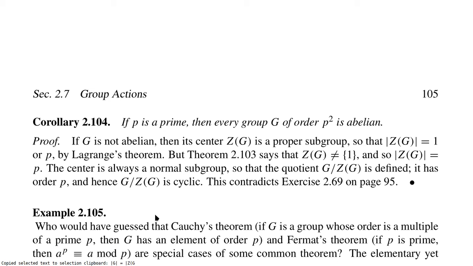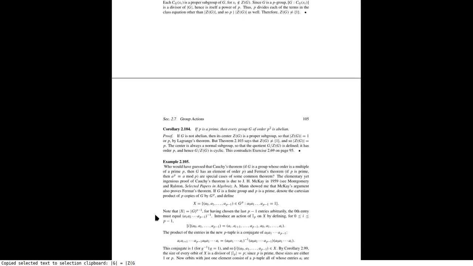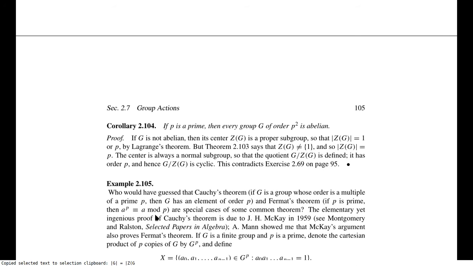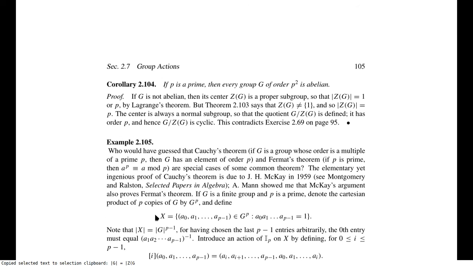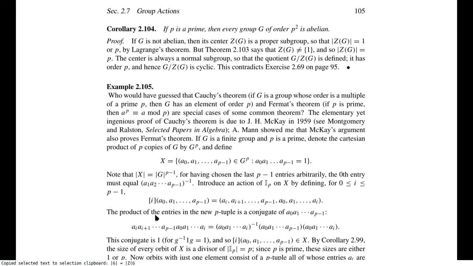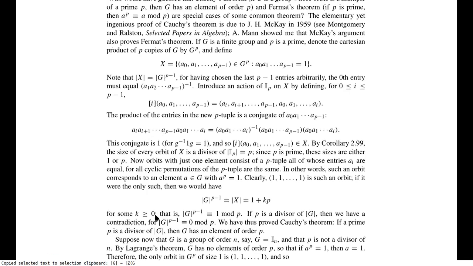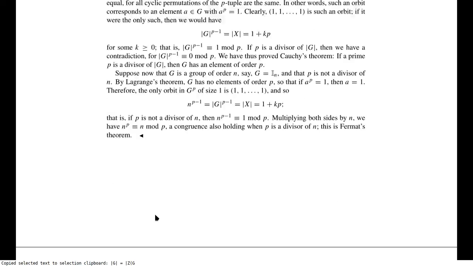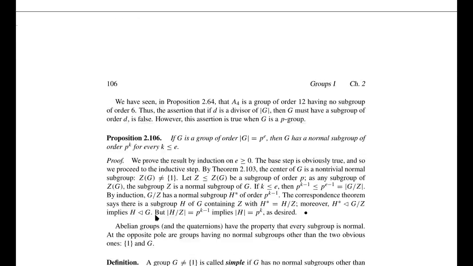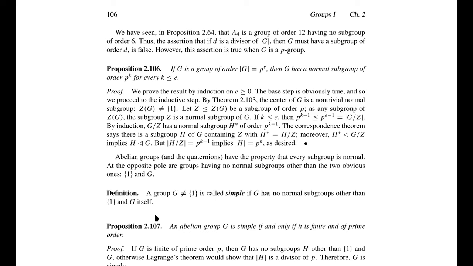We have a few corollaries, some interesting examples. We talk about Fermat's little theorem, I believe, which is pretty interesting. So we'll try and go through this, even though we'll not see this again, I believe.